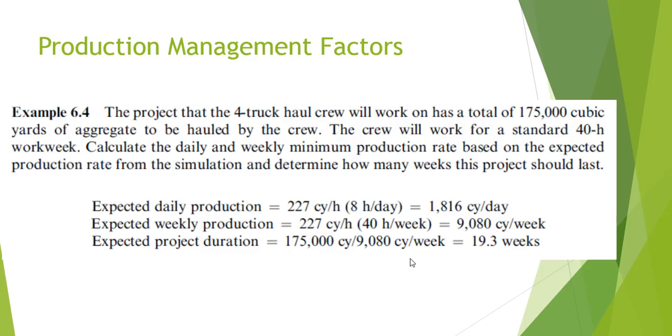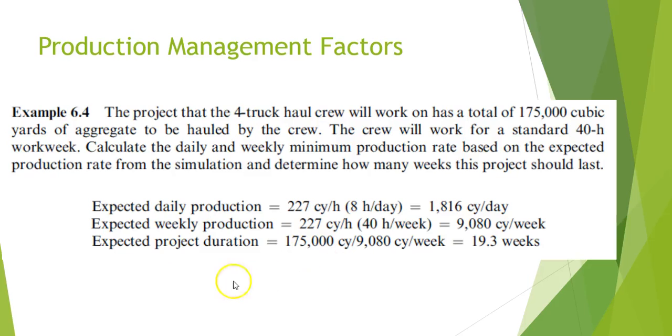And the crew is going to work a standard 40-hour work week. And what we need to do is calculate the daily and weekly minimum production rate based on the expected production rate from the simulation. And the bottom line is you want to know how many weeks a project should last.